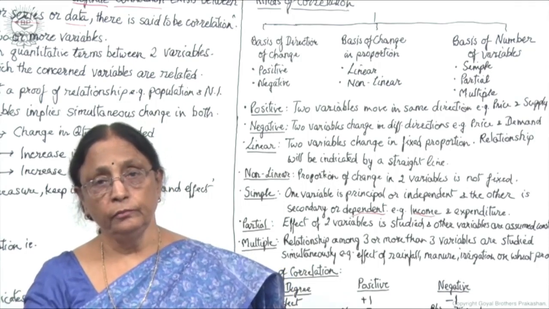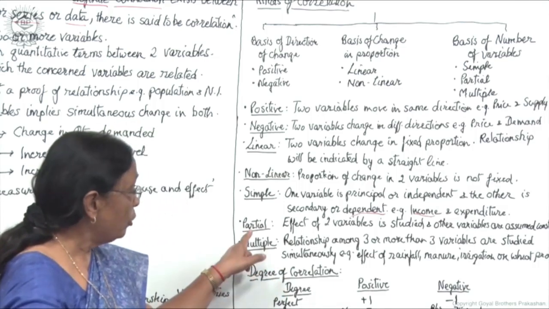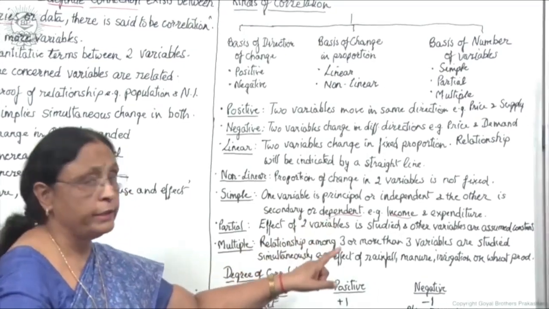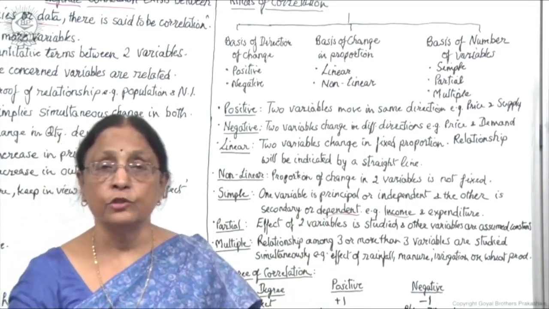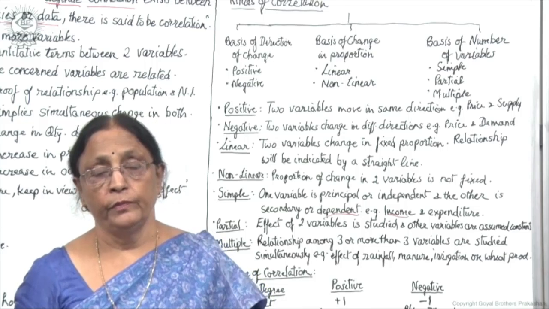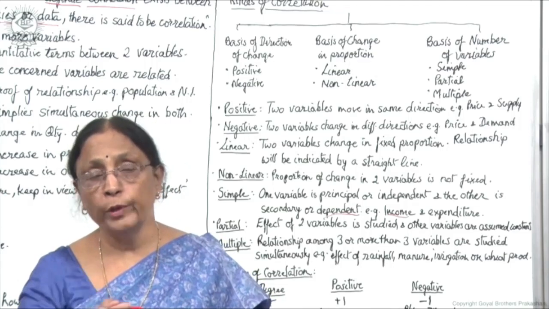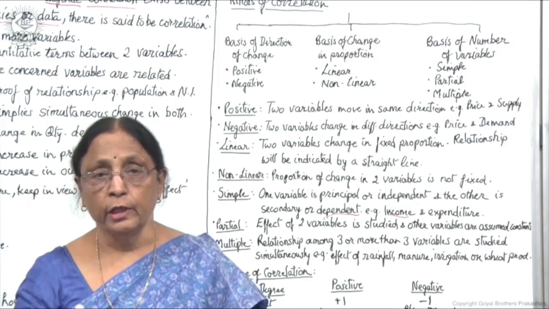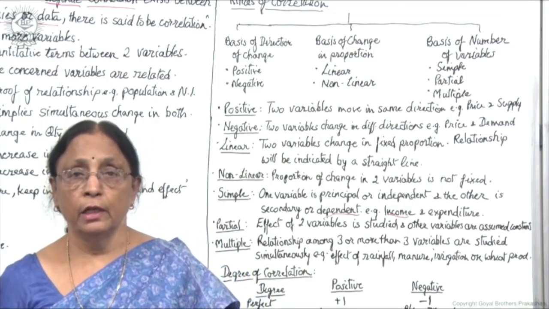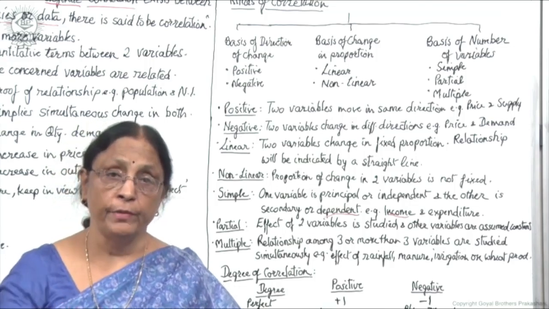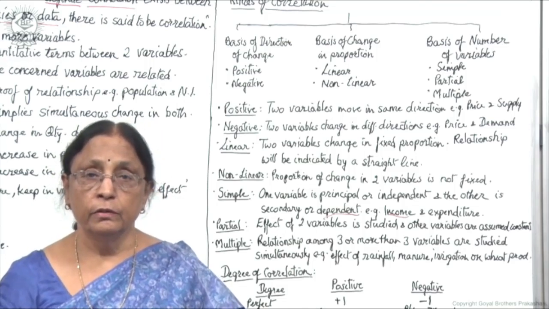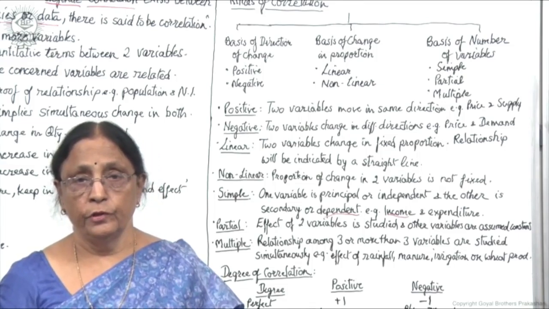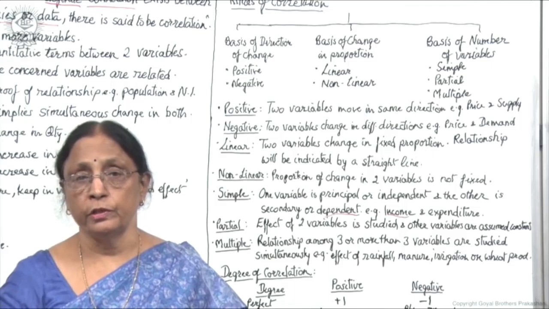But when we talk about partial correlation, the effect of two variables is studied and other variables are assumed to be constant. That means we are just talking about two variables, price and demand of the same commodity, but we assume that other factors which may affect demand are constant or not changing. So this is known as partial correlation.